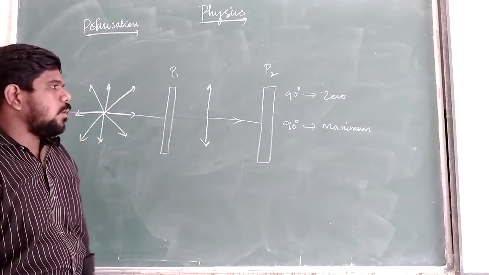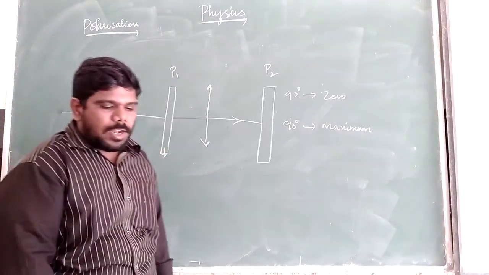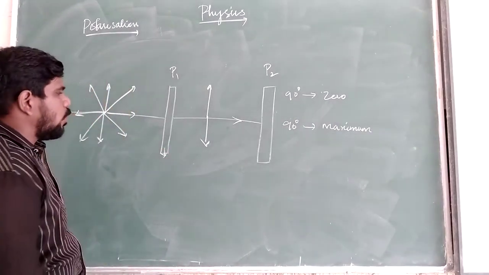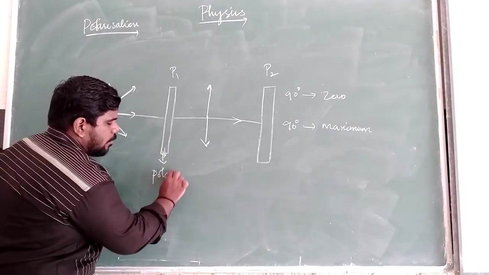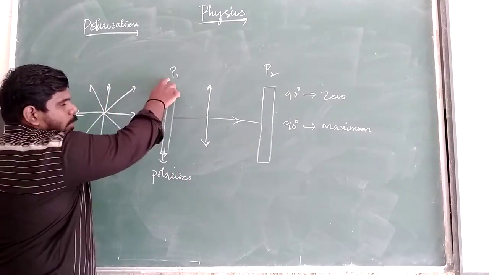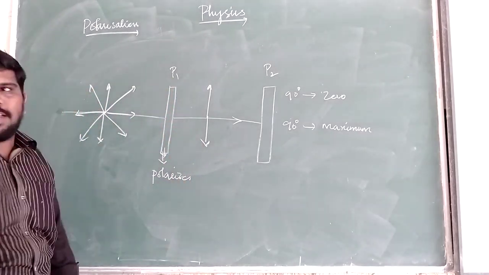Okay, clear? So the polarizer P1, which is used to polarize the light, is called a polarizer.